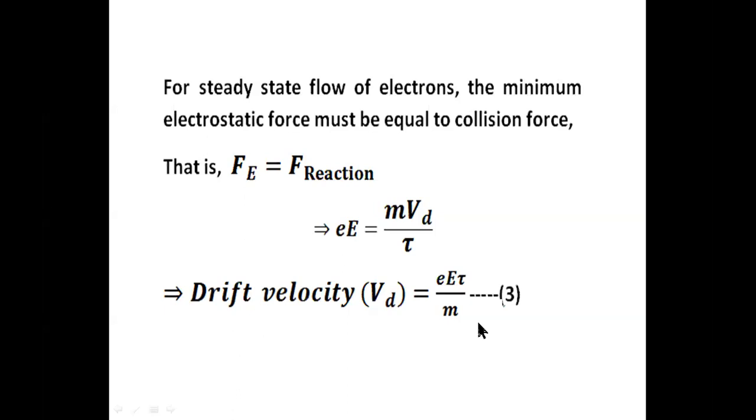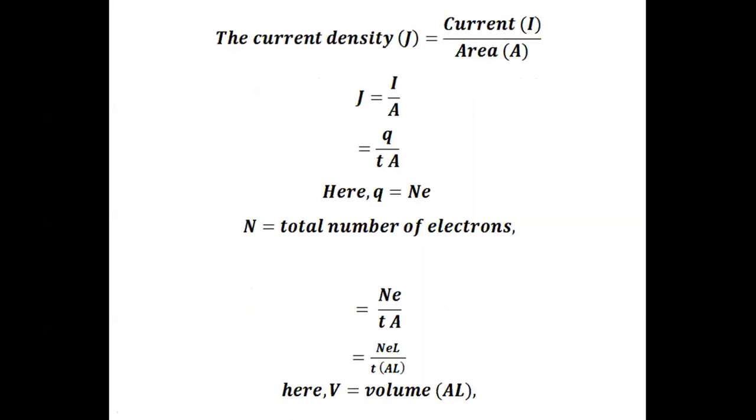Now let us try to understand how this drift velocity is related to Ohm's law. In other words, how is it going to be included in our Ohm's law. To understand the verification of Ohm's law in metals from the Drude-Lorentz theory, let us start our discussion from the basic definition known as the current density.